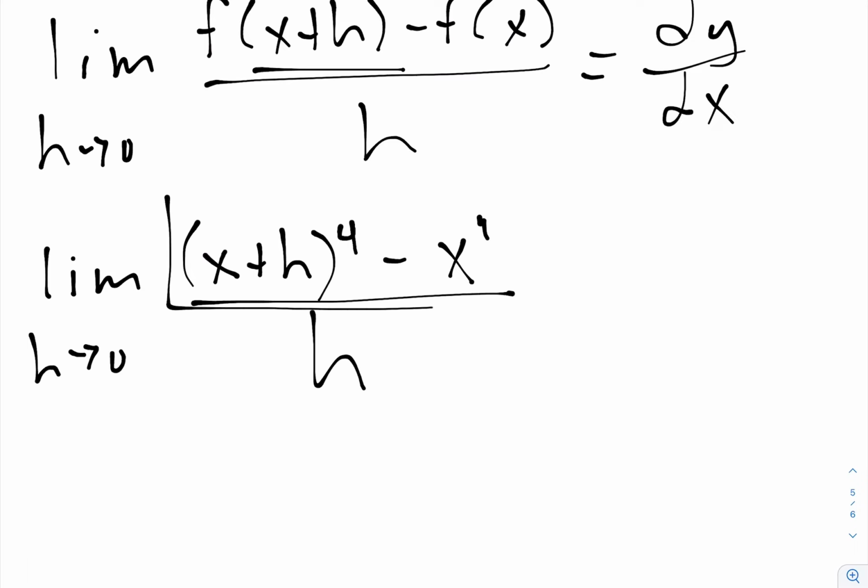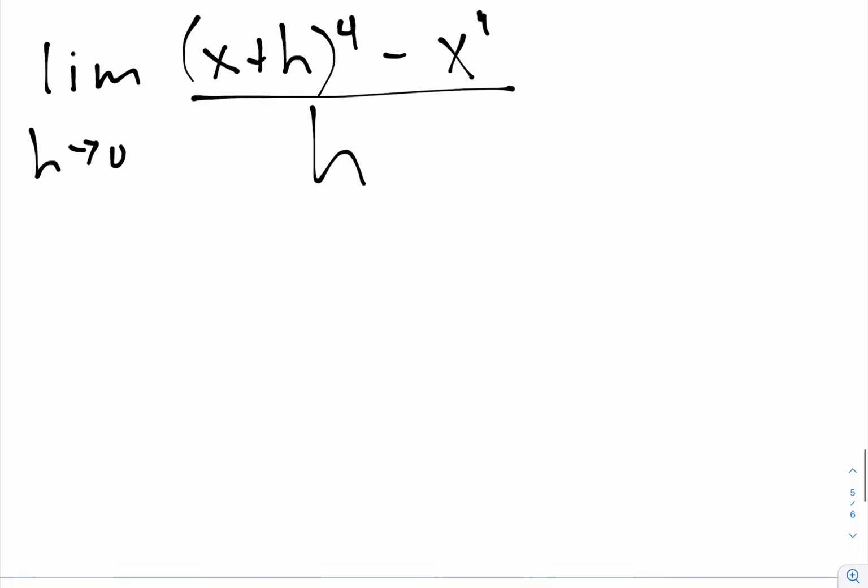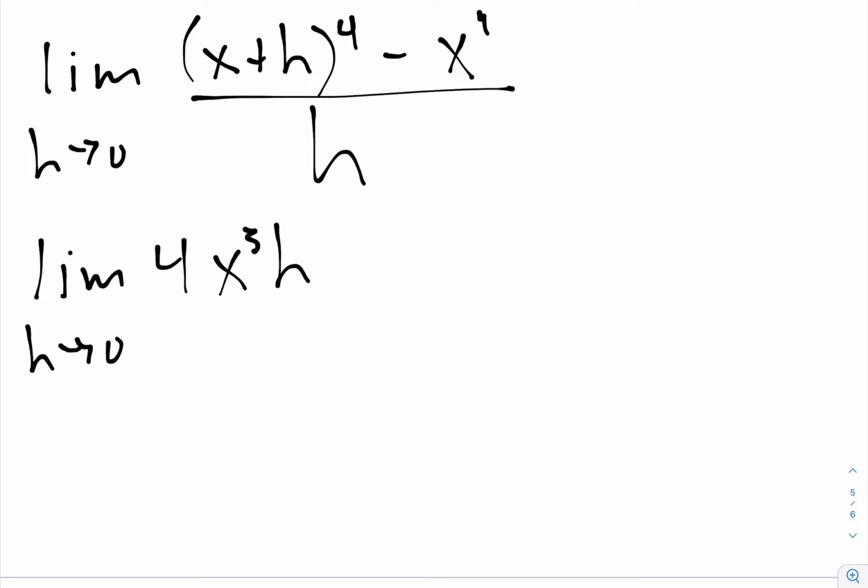And like we did in the last question, we can just expand this and simplify. So I'm just going to save us a bit of time here. Once you simplify and subtract this x to the fourth, we still have this limit. Your numerator is going to be 4x cubed h.